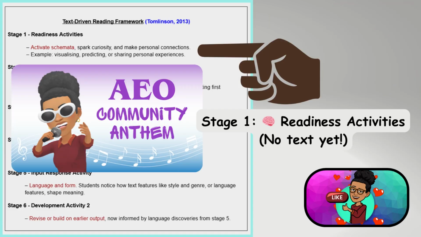Stage 1, readiness. This stage is all about activating schemata, getting students thinking and feeling before they see the text. So in my lesson, I don't show the lyrics at all. Instead, I guide students through a visualization. For example, imagine you're walking on a hot road. The sun is heavy.